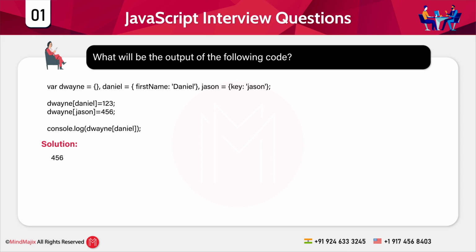As a result, dwan of Daniel and dwan of JSON are both equivalent to dwan of object and can be used interchangeably. Therefore, setting or referencing dwan of JSON is precisely the same as setting or referencing dwan of Daniel, so it shows the output 456.